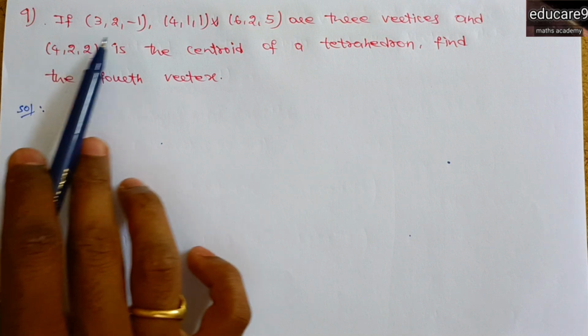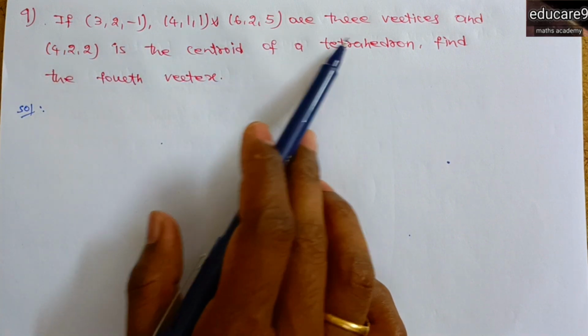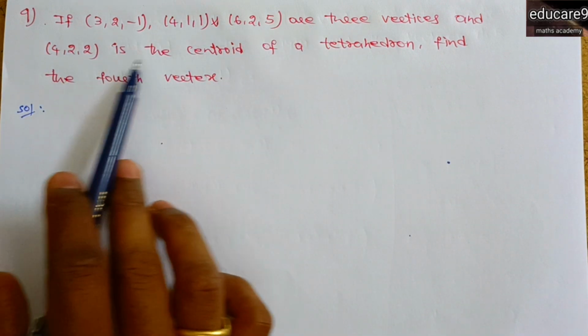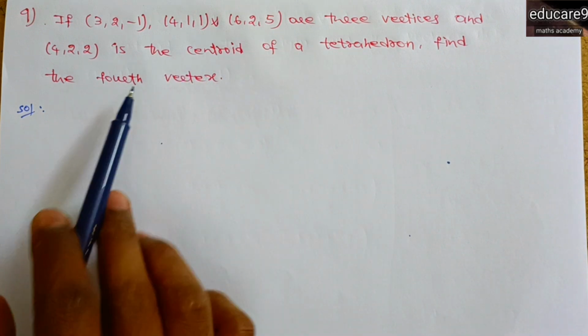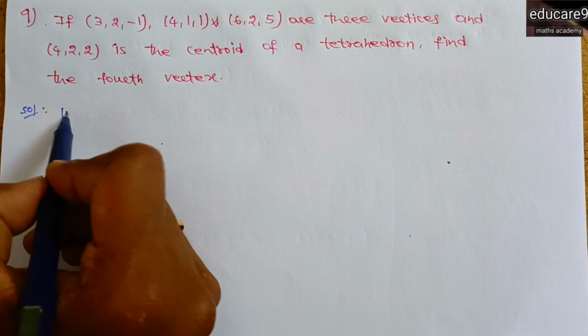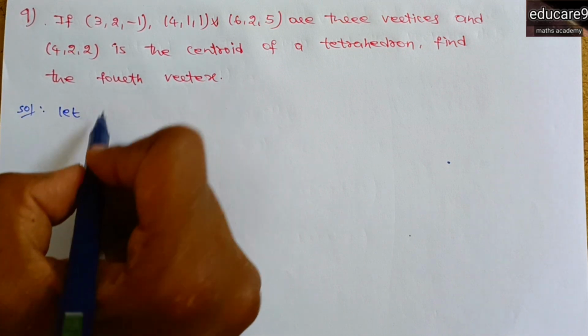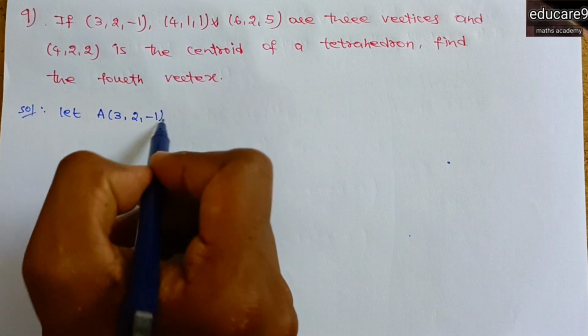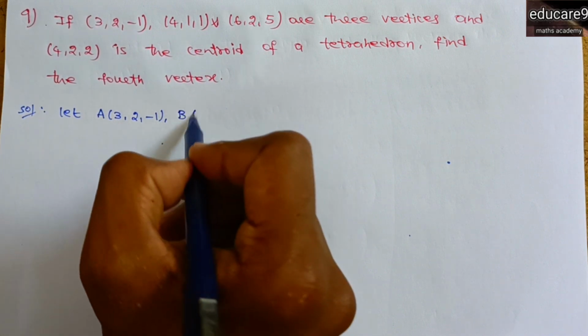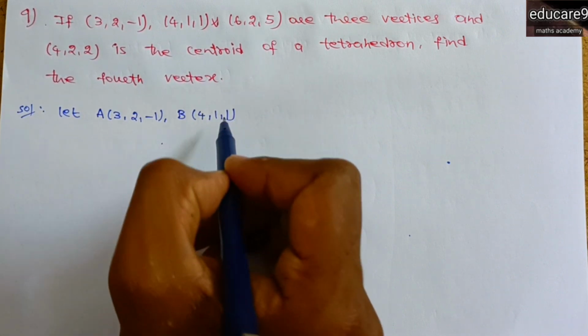See, question number 9. These three are the vertices and (4, 2, 2) is the centroid of the tetrahedron. To find the fourth vertex. So let us consider the given points. First point is A (3, 2, minus 1). Second point B (4, 1, 1).